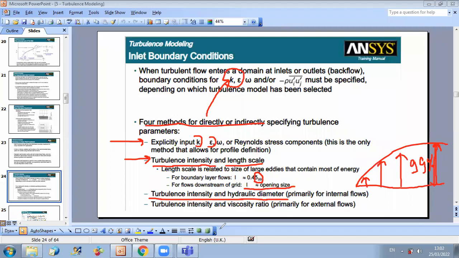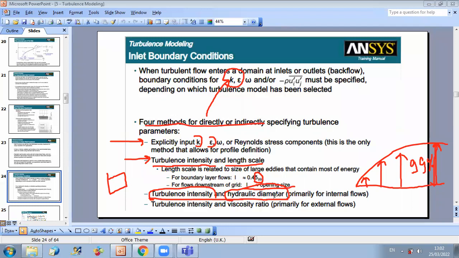Now, another option, and that is widely used for internal flows, is to specify the turbulent intensity and the hydraulic diameter. So for example, when we have an inlet and we want to specify boundary conditions for turbulence, turbulence intensity is a parameter that can be measured experimentally, as I told you, or can be found as related to the turbulence level of the flow, and can be found in literature data. So you can introduce it.